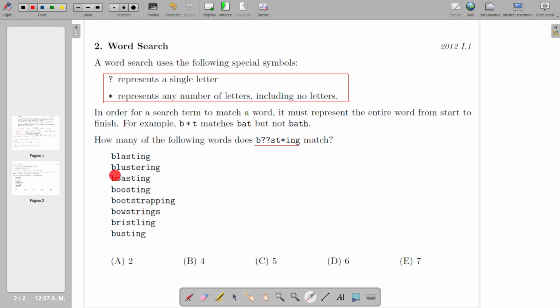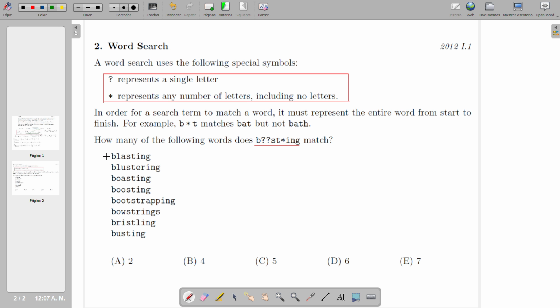That means this set of words, and see how many of them match the matching criteria, which is this one. So let's keep going and see how many of them meet that criteria.